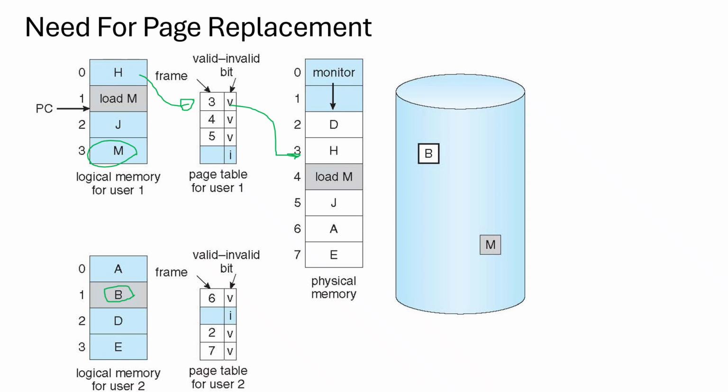Then page 1, M is not there before loading it; it's in the secondary disk. Then page 2, J, go to frame 5, it's there. Like that we have for user 2. So if M or B is not available, then you have to find a free frame and replace it.